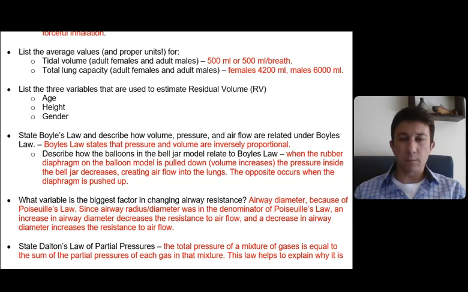And these are typical healthy values for adult males and adult females, usually around 500 milliliters per breath. Now, of course, because this is an average, we're going to see individuals who have tidal volumes that are significantly lower than this, and we're also going to see individuals that have tidal volumes that are significantly higher than this.